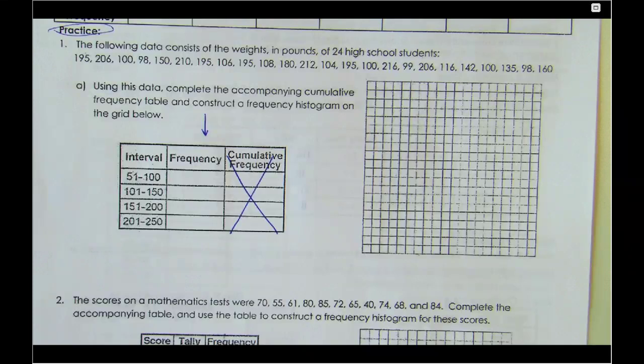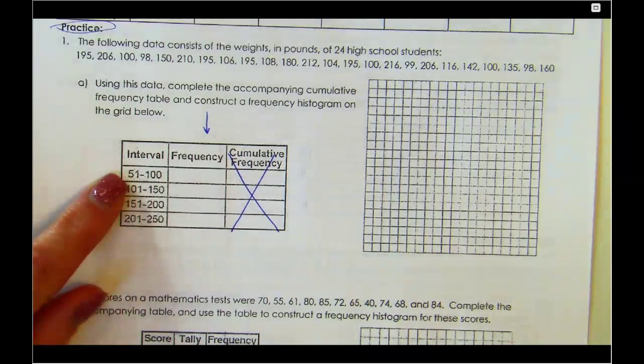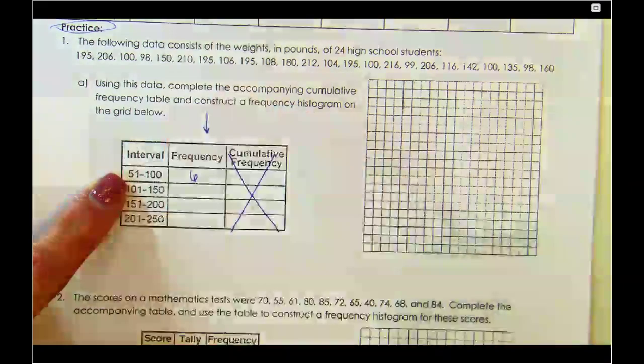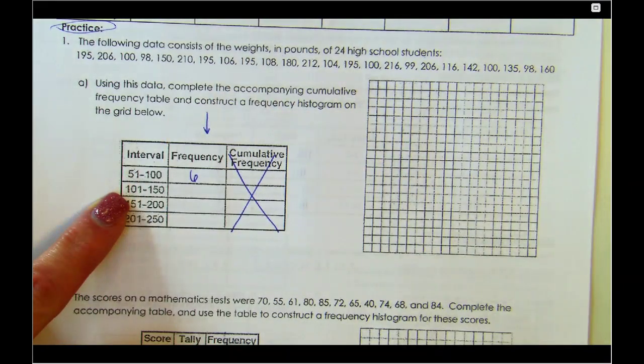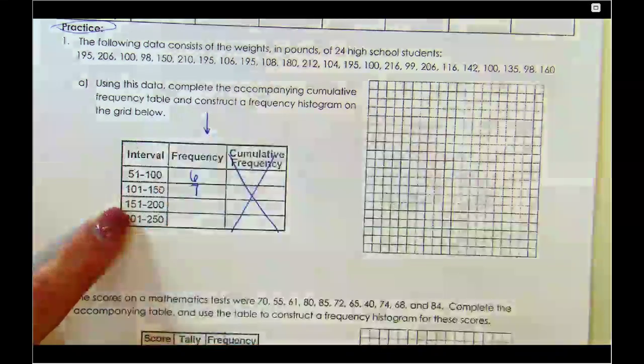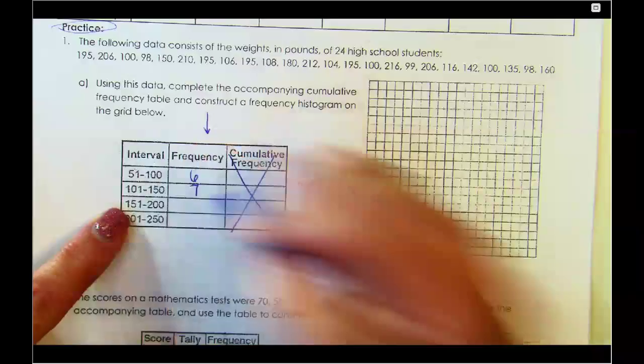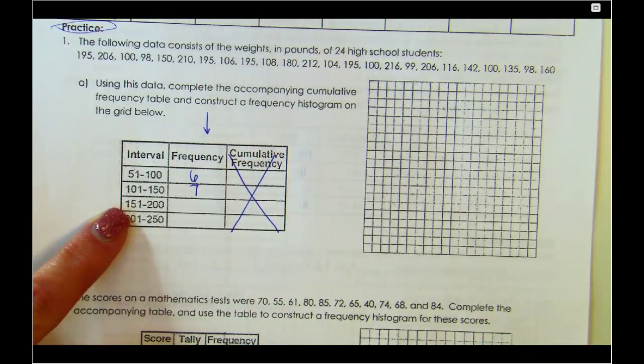How many did you get between 51 and 100? 5 or 6? 6. Okay. I was missing one. Okay, that's okay. That's why we're checking. How about between 101 and 150? 7. Okay. The next one? 5. 6. 7. I got 7.